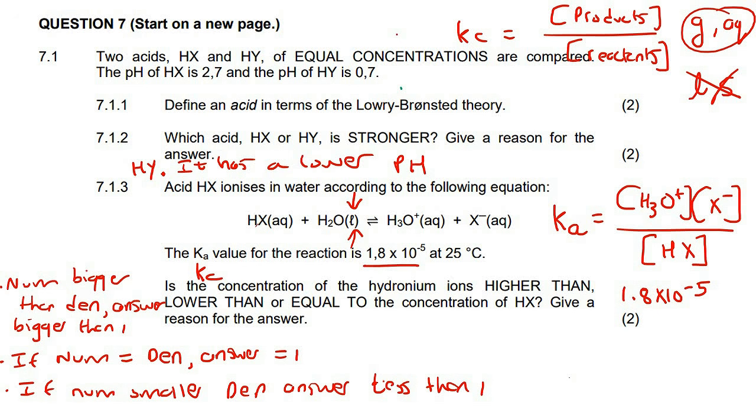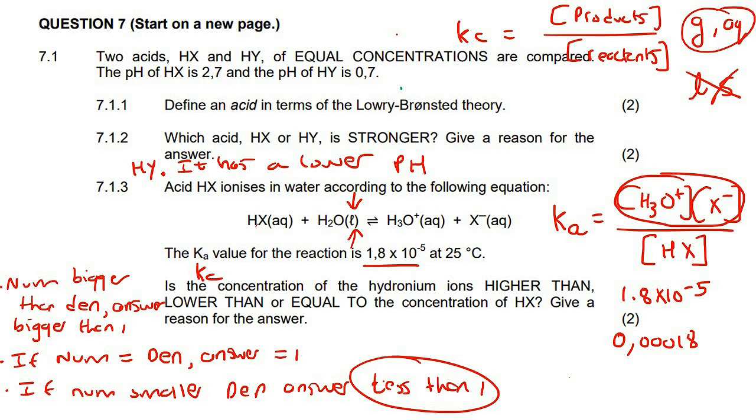So they tell us that the Ka value is 1.8 times 10 to the negative 5. If you think about that number, that's the same as 0.000018, which is smaller than 1. So because it's smaller than 1, your numerator, which is the top part, is going to be smaller than your denominator.